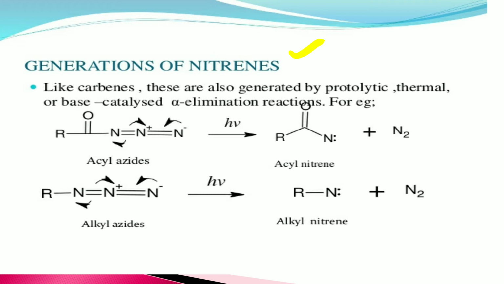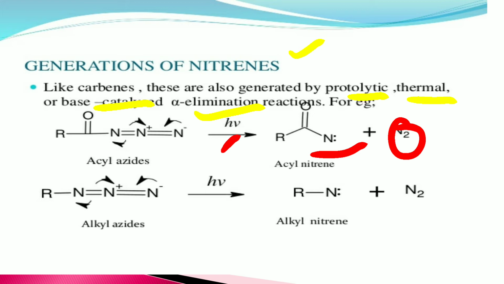There are some reactions for the generation of a nitrene. Like the carbene, these are also generated by photolytic, thermal or base catalyzed, and also alpha elimination reactions. Here this is the acyl azide, which on photolysis gives an acyl nitrene by removing nitrogen.